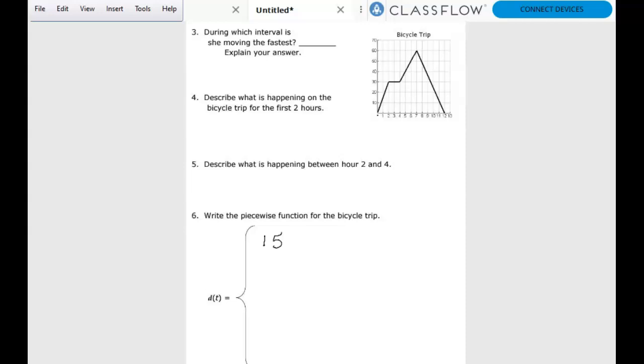So you get 15t. And that goes for what interval? Is it from 0 to 2? Yes. So the next one is easy because it's constant, correct? And it's constant at what value? 30. So that goes from 2 to 4, is that correct?